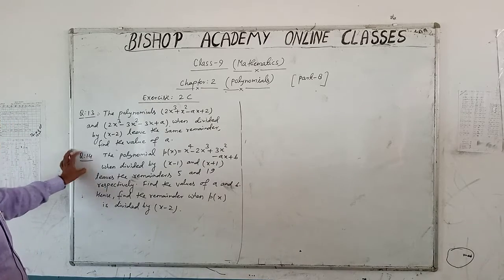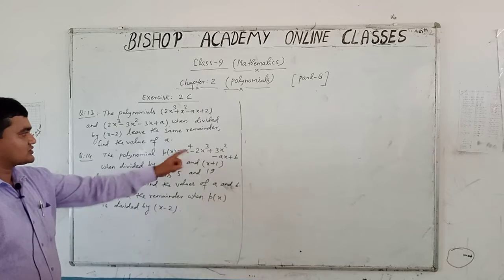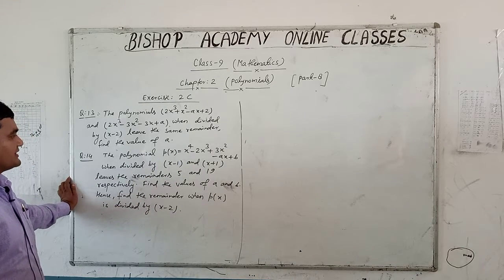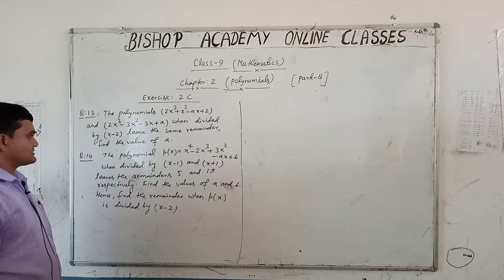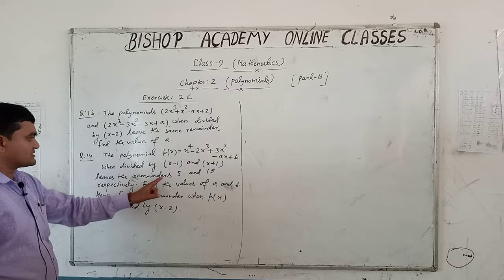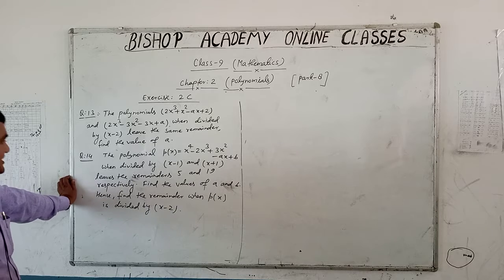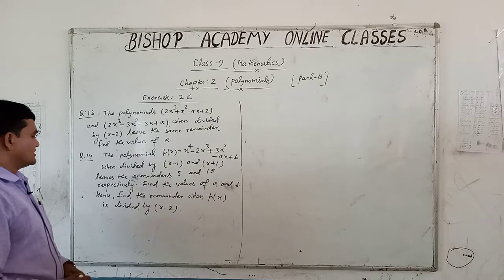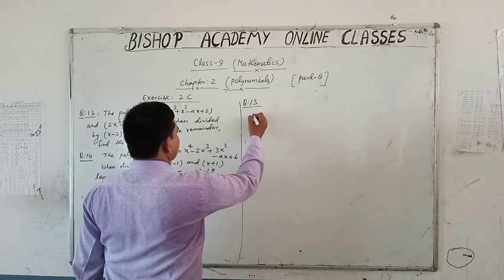And question number 14 is: the polynomial p(x) equal to x raised to the power 4 minus 2x cube plus 3x square minus ax plus b, when divided by x minus 1 and x plus 1, leaves the remainders 5 and 19 respectively. Find the values of a and b, hence find the remainder when p(x) is divided by x minus 2. Now we will solve question number 30.